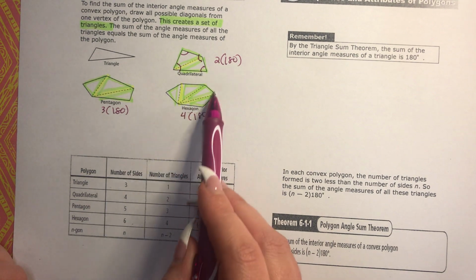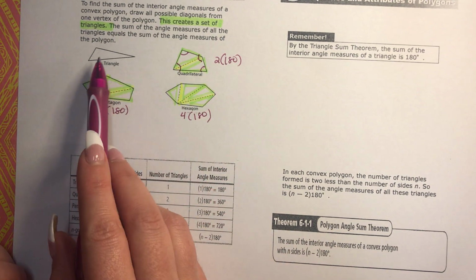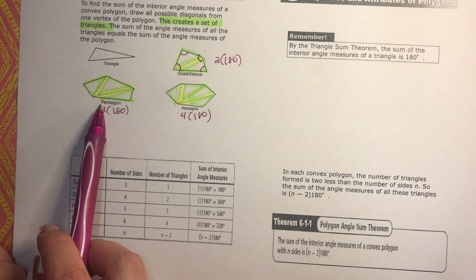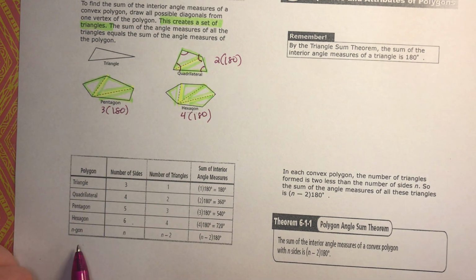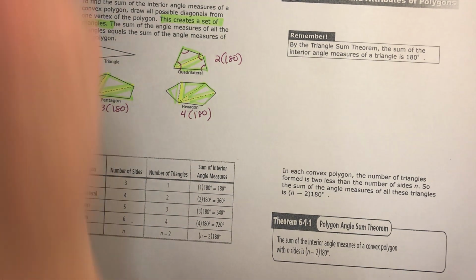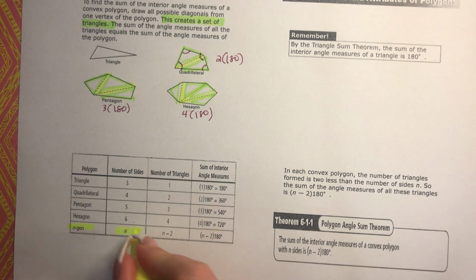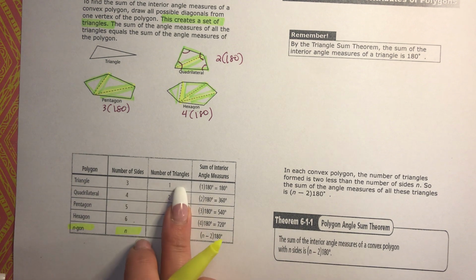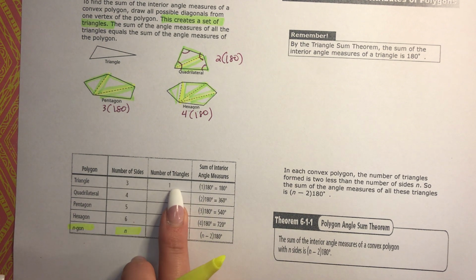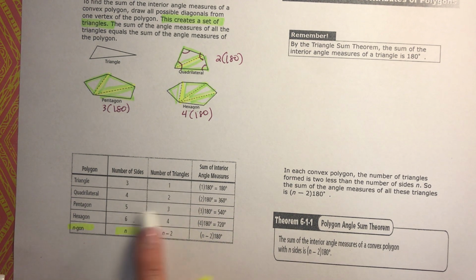That's how many degrees there are on the inside. So we went from 180, 360, 540, and 720. And then as you move up, an n-gon, which has n sides, look at the relationship. 3, 1. Well, 4, 2, 5, 3, 6, 4.